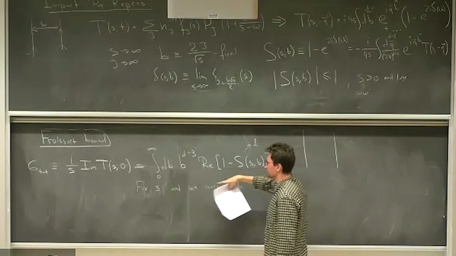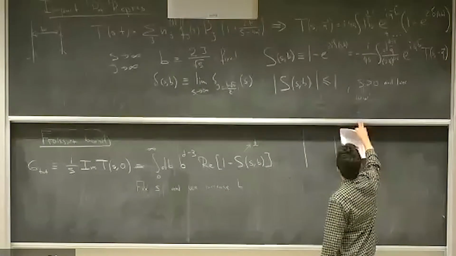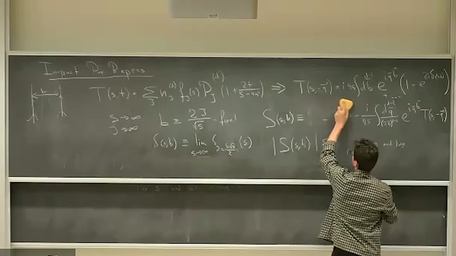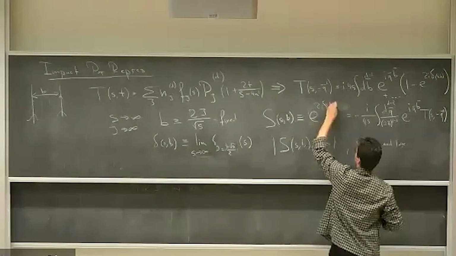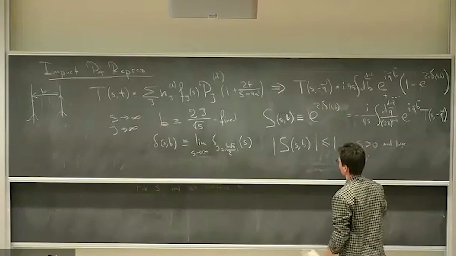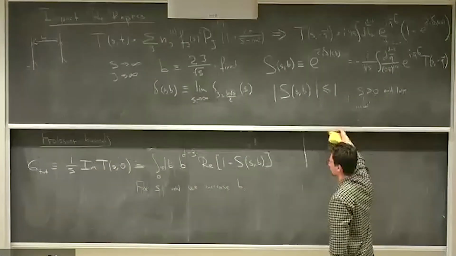Above, where you define s of s and b. Can you hear me? Yeah, we can hear you. I'm confused because maybe I'm not seeing. You're right. Ah, yes. Thank you. Very good. Thanks.